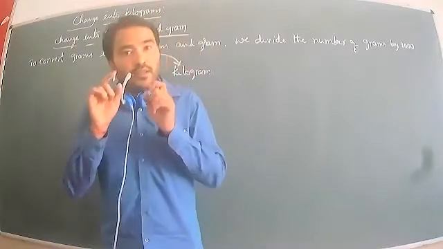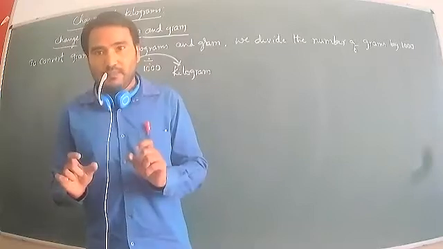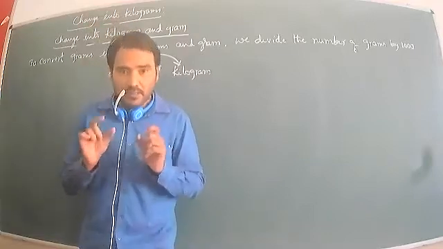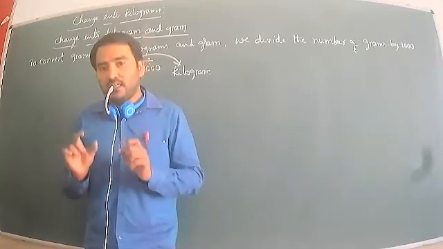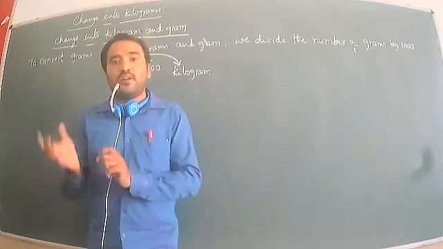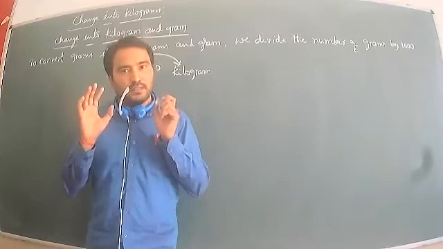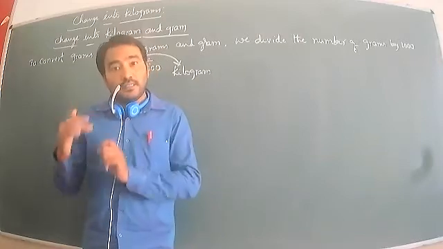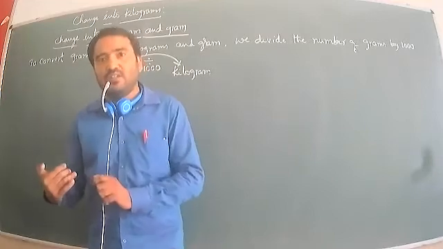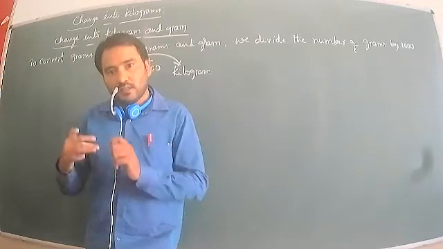The quotient is kg. Keep in mind, we divide by 1000 and we get the answer in the quotient. Quotient means number of thousands, that is called kg. When the remainder is there, the number of grams remaining is called gram. So the remainder is called gram.